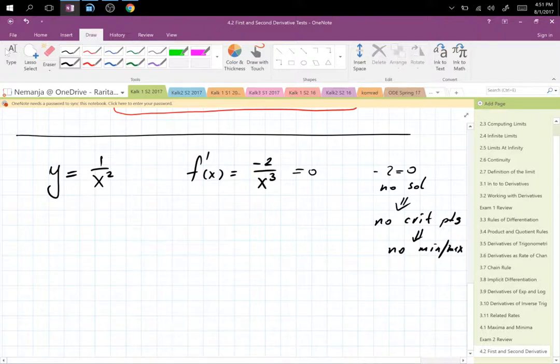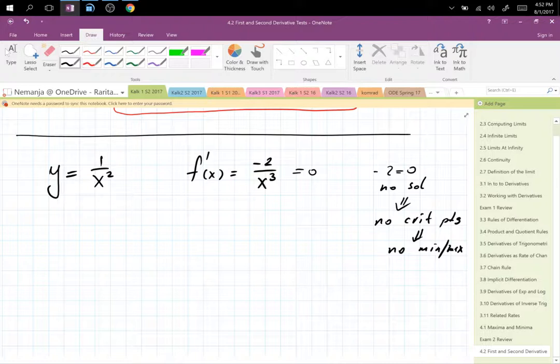You see that? So for this particular problem, we took the derivative, and when we set it equal to 0, it has no solutions. That means that there are no critical numbers, no critical points, no min and max in that case. Can we do the first derivative test?